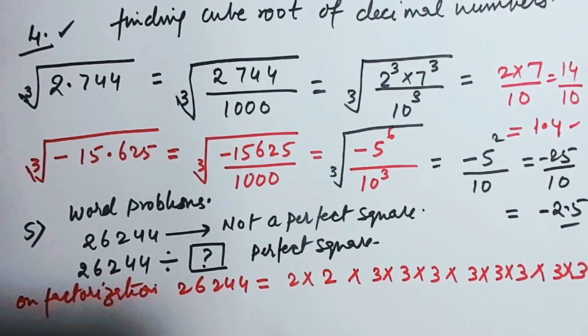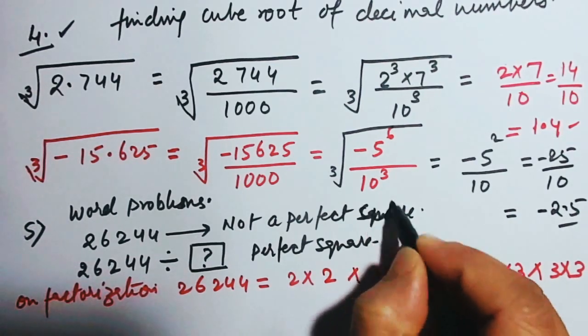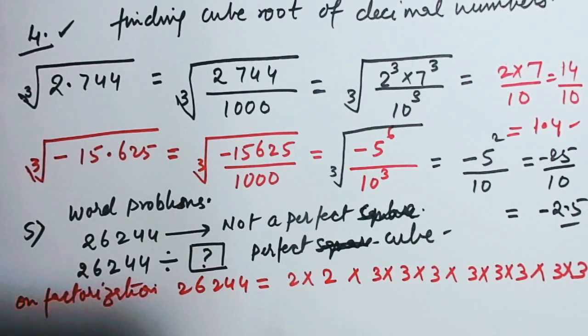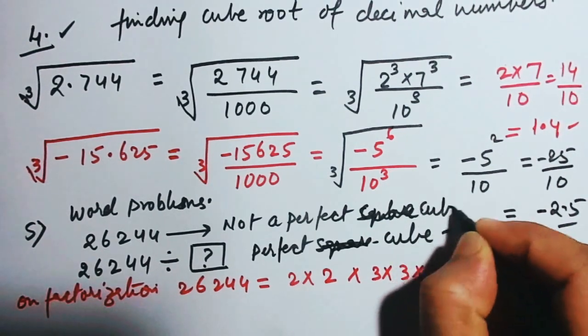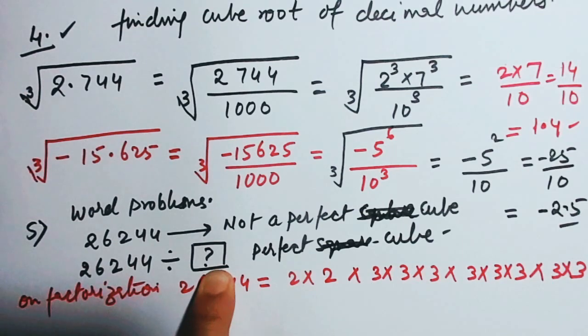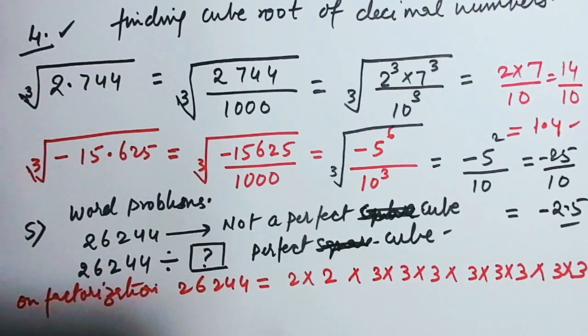Now, sorry, why did I write square? This is the sum of cube. 26244 is not a perfect cube. Let me write properly. With what number are you going to divide this so that it becomes a perfect cube? So on factorization, you will get this particular number.